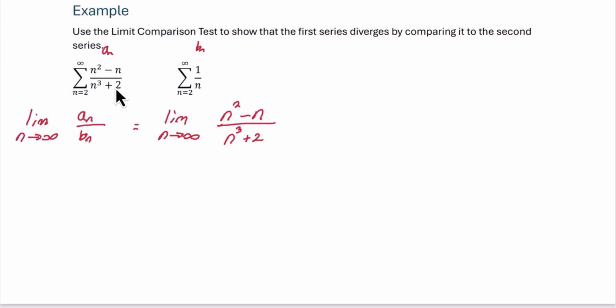And we're going to divide that by this fraction, or multiply by the reciprocal, n over 1. Here we get the limit as n approaches infinity of n cubed minus n squared divided by n cubed plus 2.